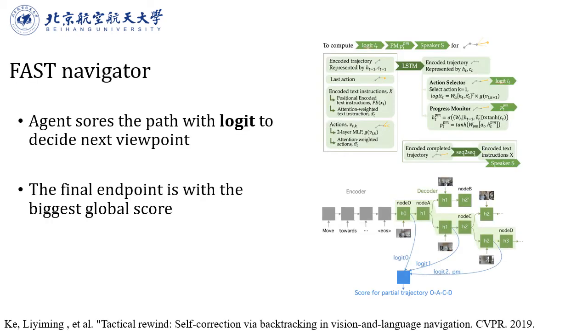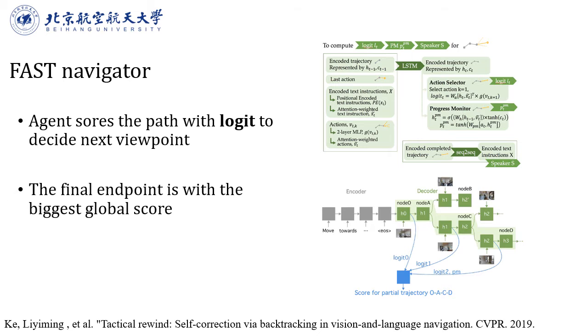Before that, because our navigator is based on the FASA model, we will introduce it briefly. In the FASA model, there are two different scores for the path generation process, the local score and the global score. When the model is generating a trajectory, it will compute a local score for each reachable viewpoint.